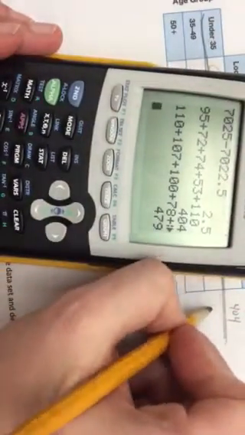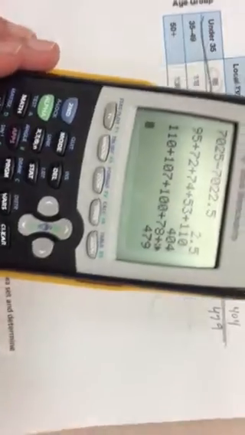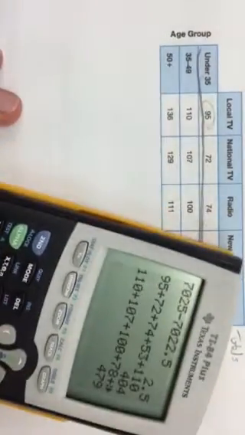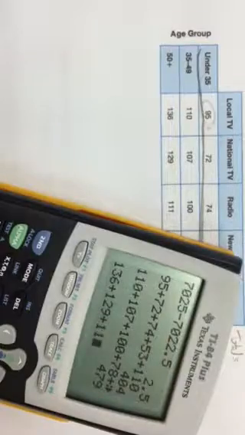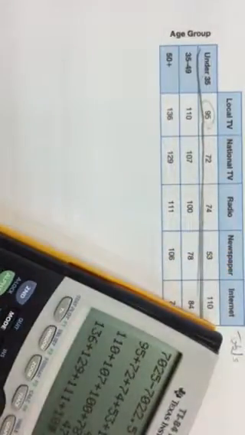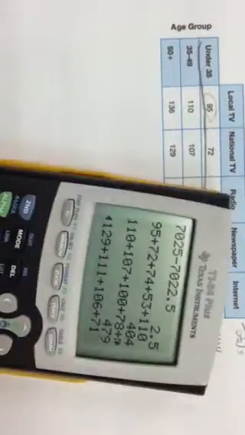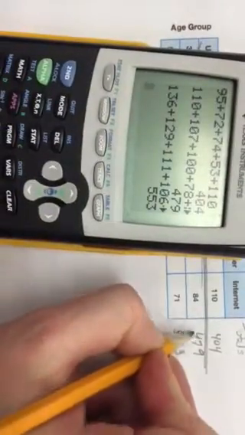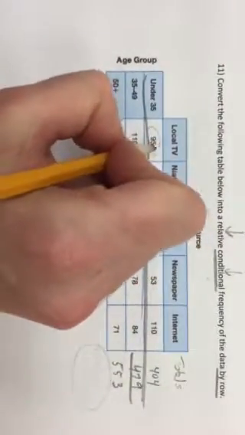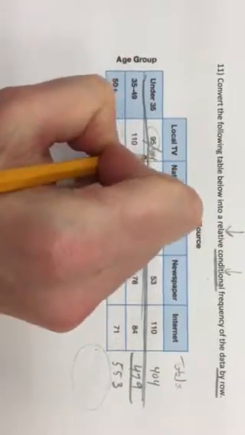So 479 are in the age group of 35 to 49, and then 136 plus 129 plus 111 plus 106 plus 71 is 553.